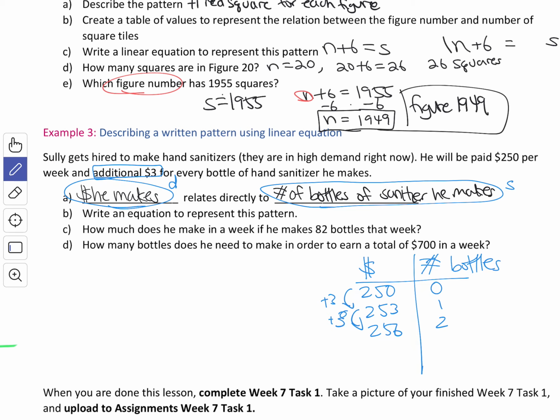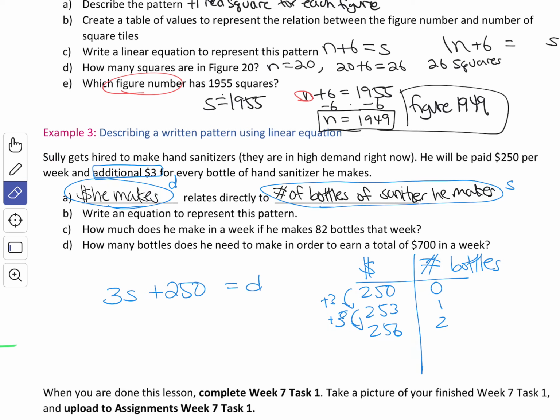Okay, and see how it goes up by $3 every time. So 3 becomes our coefficient. Okay, so 3 times the number of bottles he makes, plus 250, his base rate, is gonna give us the money he makes. Okay, so that is our equation here.